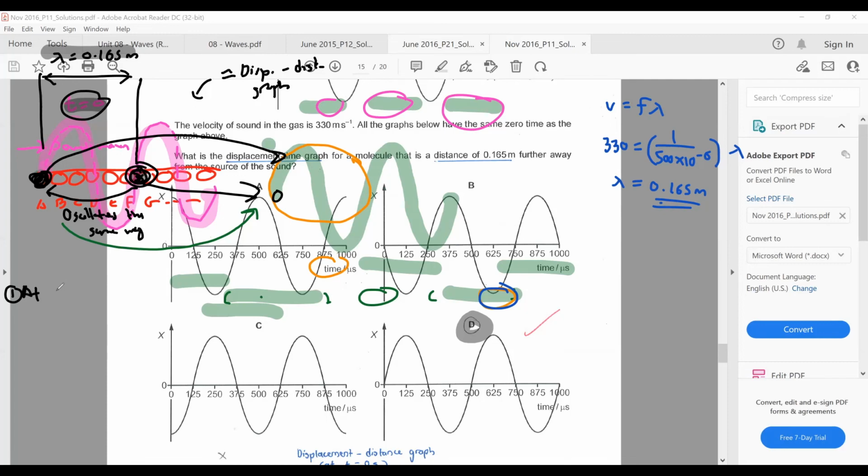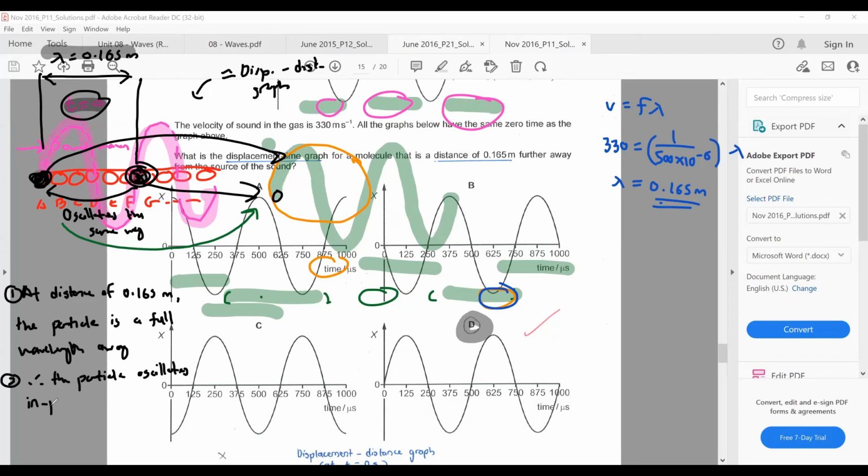At a distance of 0.165 meter, the particle is a full wavelength away. Therefore, the particle oscillates in phase.